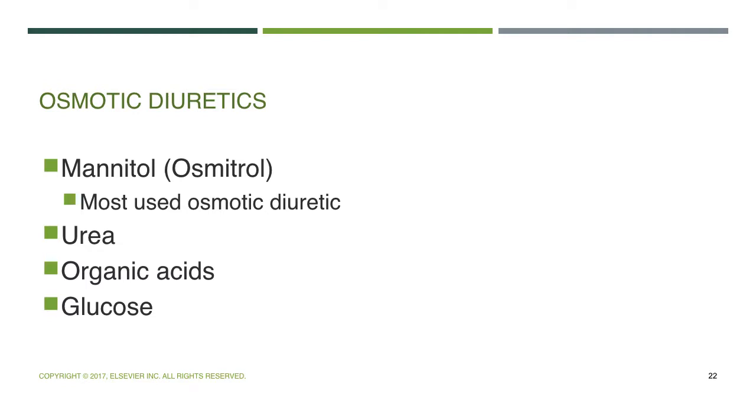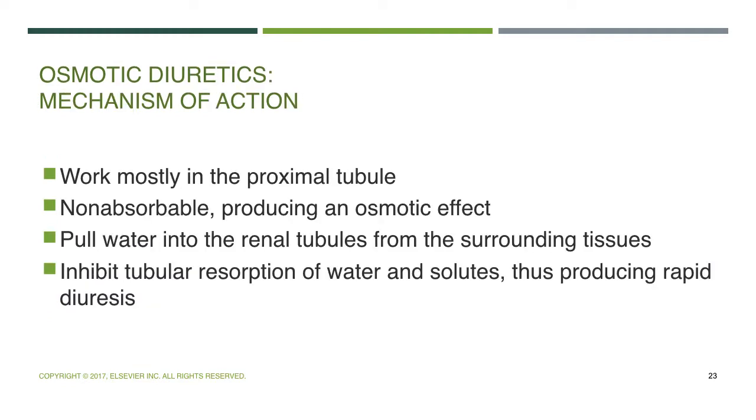Osmotic diuretics include mannitol, which is the most commonly used osmotic diuretic, urea, organic acids, and glucose. The mechanism of action for osmotic diuretics is that they work mostly in the proximal tubule.